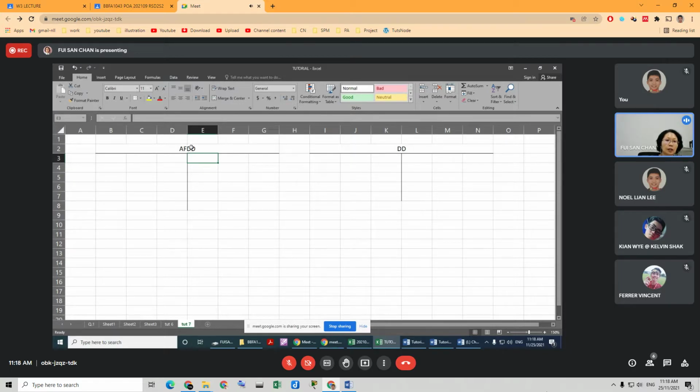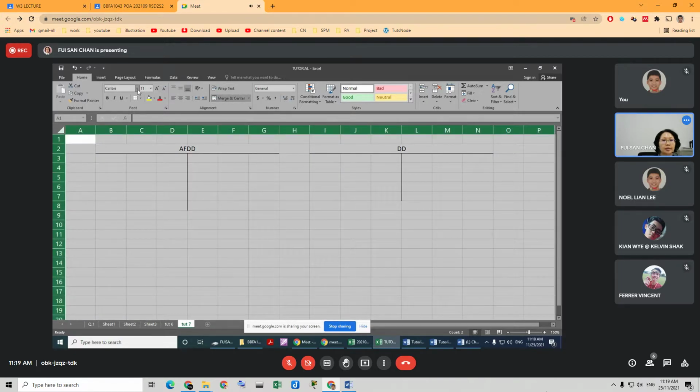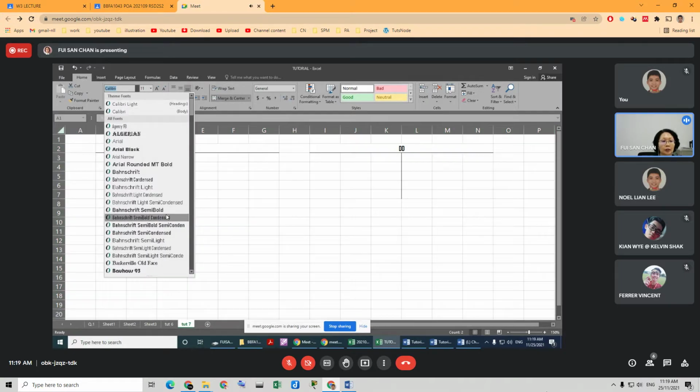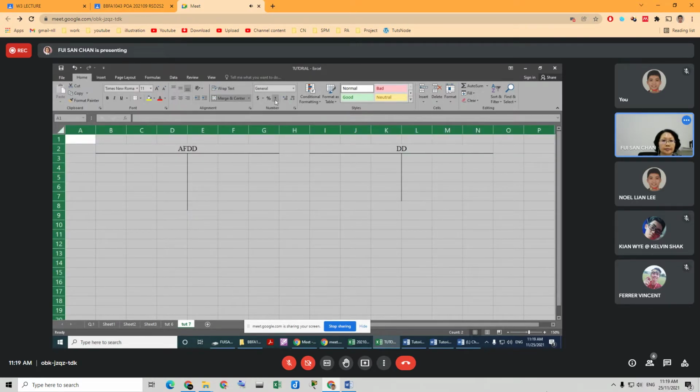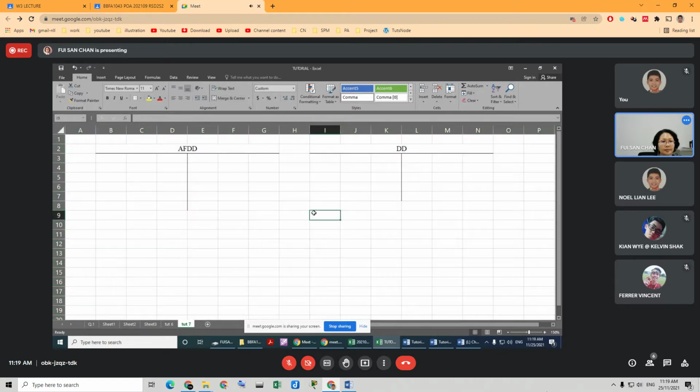For this allowance for doubtful debts account, is the opening on the debit side or credit side? Credit side. So you put here balance BD. AFDD is on the credit. Trade receivable is on the debit, and AFDD will be on the credit.